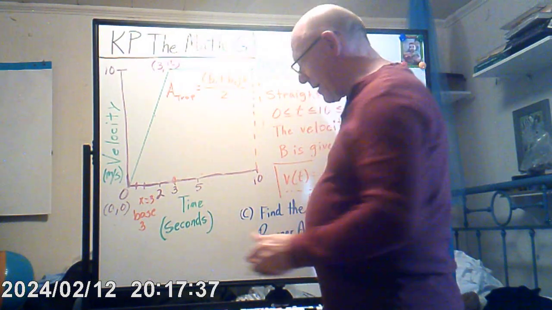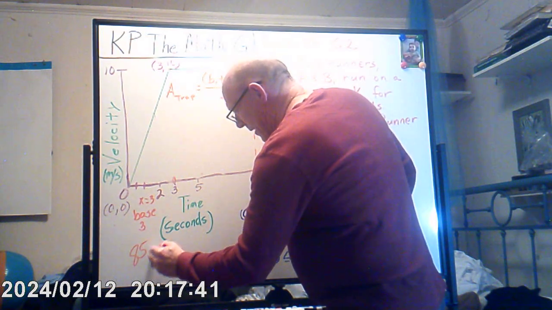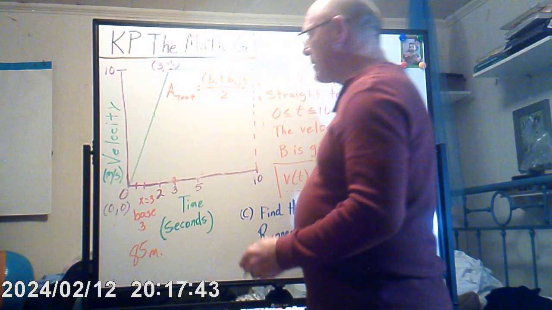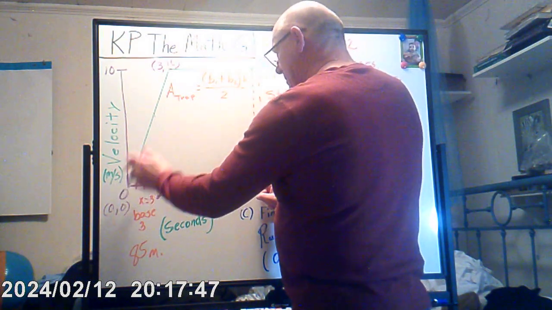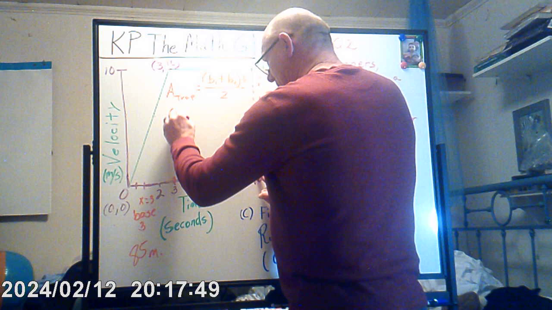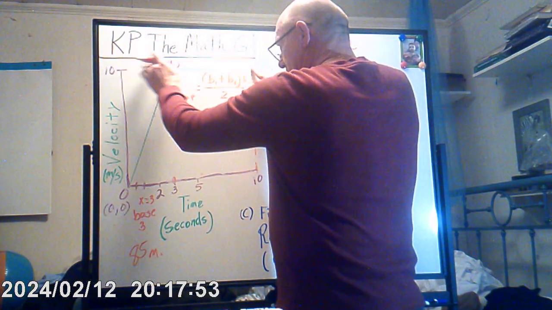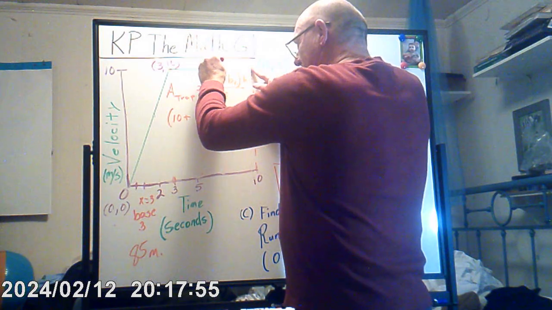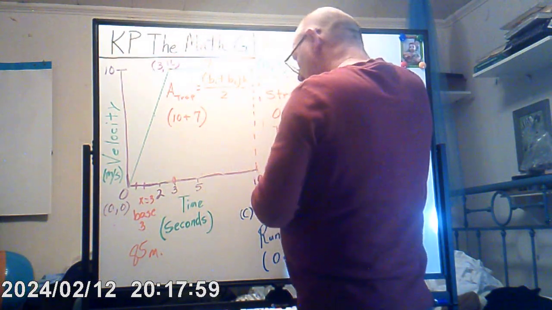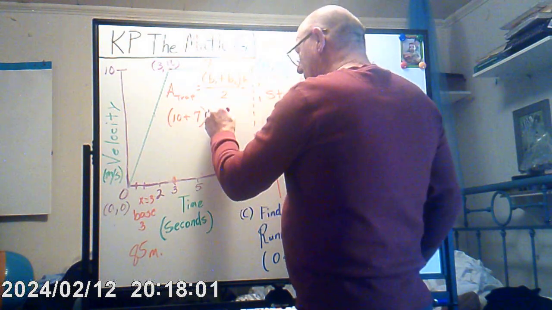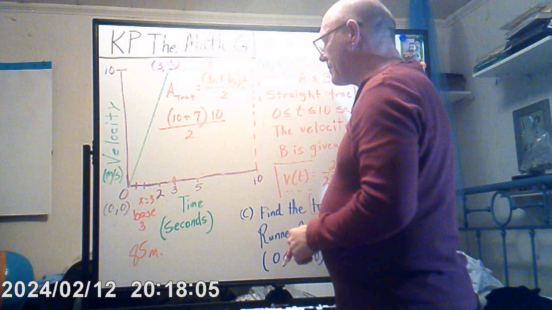And we better get 85 meters, right? Base 1, we'll call this base 1 down here, that's 10. So 10 plus, alright, 10 minus 3 is 7. This is 7 right here. So 10 plus 7. The height itself is 10. And then we're going to divide by 2.